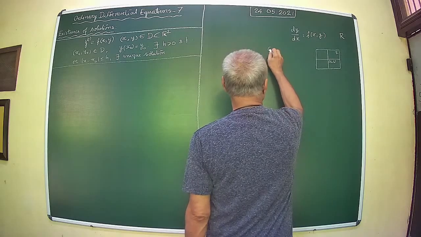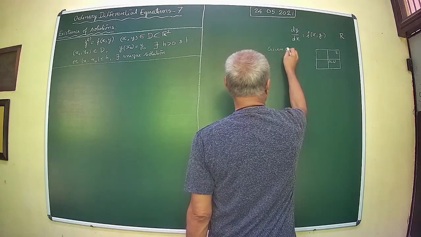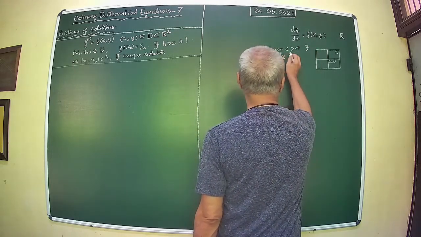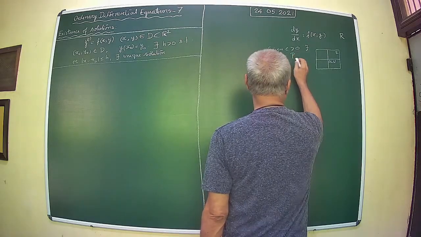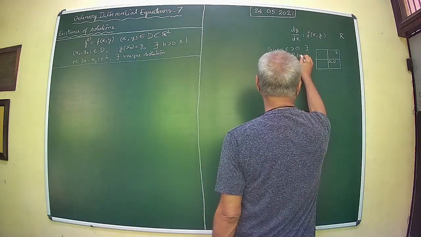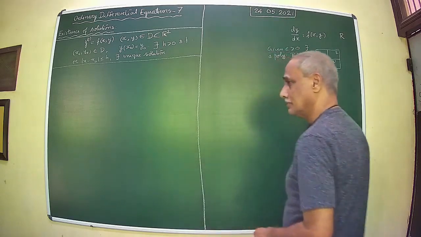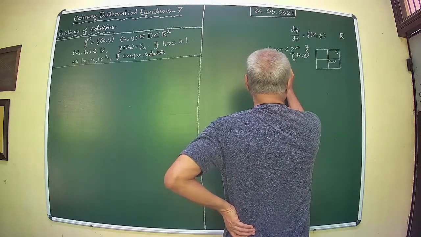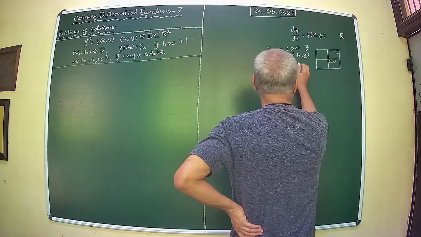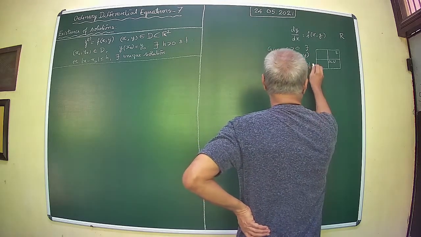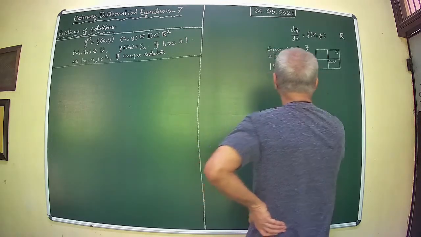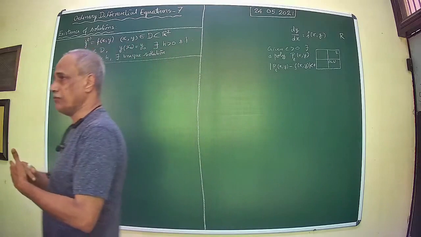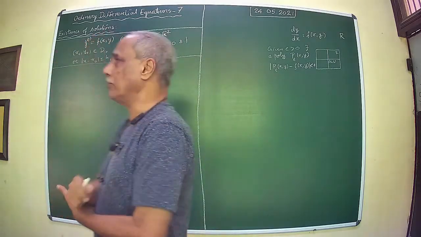Given epsilon, there exists a polynomial p epsilon (x, y) such that mod f minus p epsilon is less than epsilon. So you approximate the function by a polynomial.